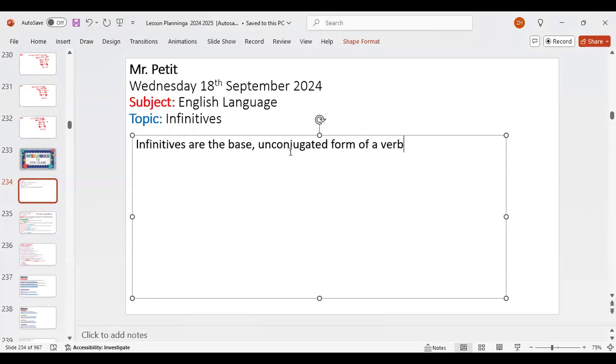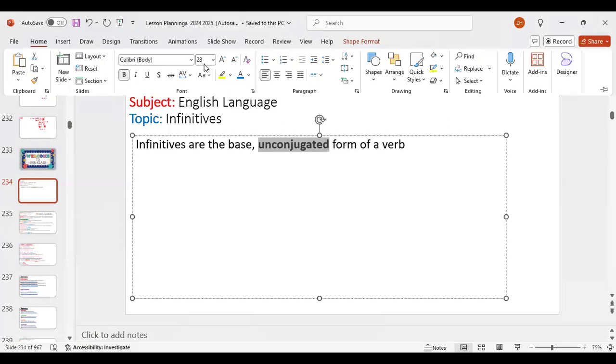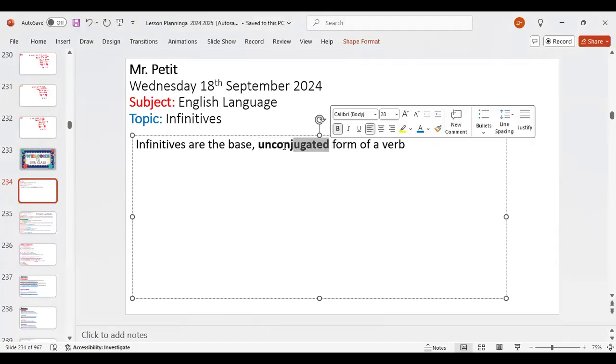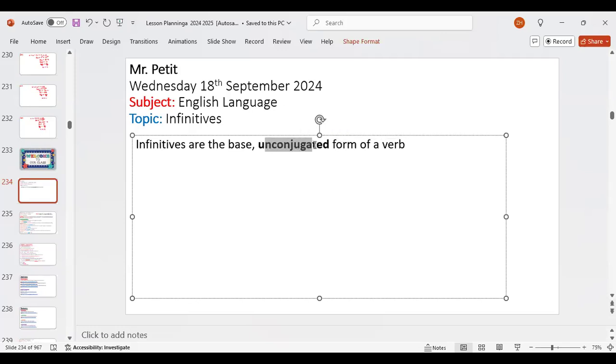For those of you who do French or Spanish, you know that you have to conjugate the verb. But before you conjugate the verb, you have the infinitive, and the infinitive is the unconjugated form of the verb.